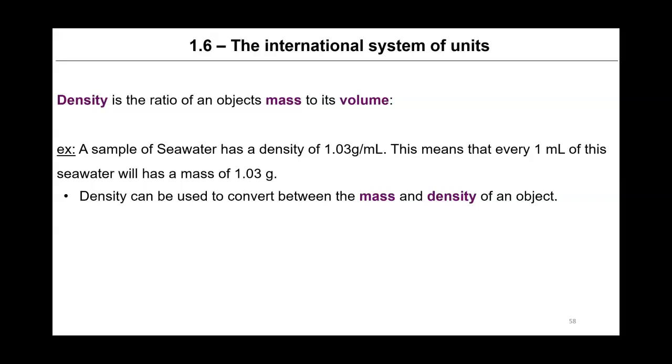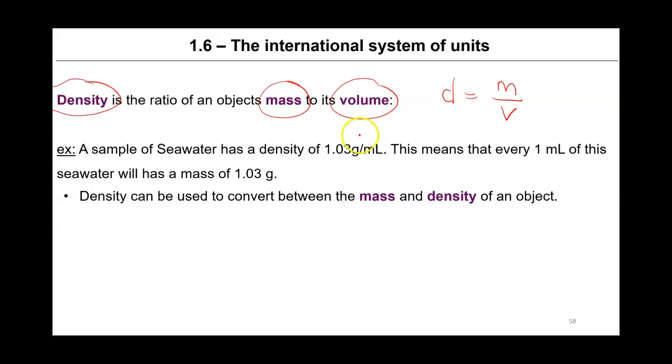Measuring mass and measuring volume are very common measurements in the chemistry lab. Frequently, we will combine mass and volume to calculate the density. And we want to remember that density is equal to mass divided by volume.